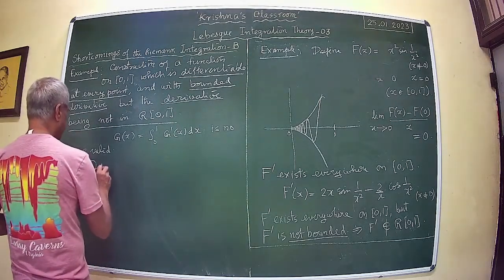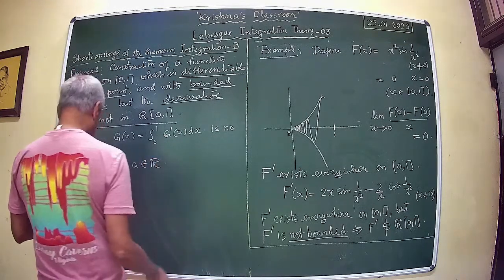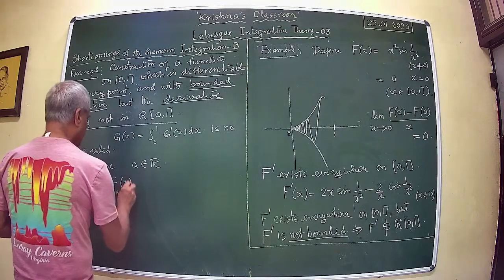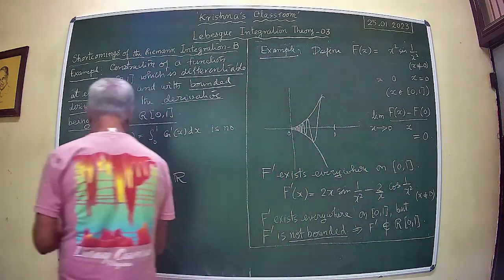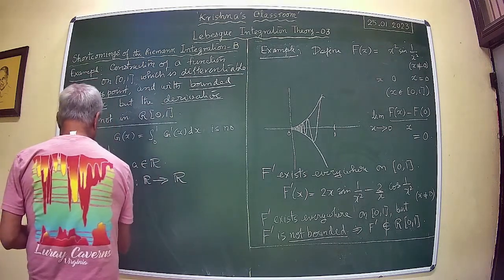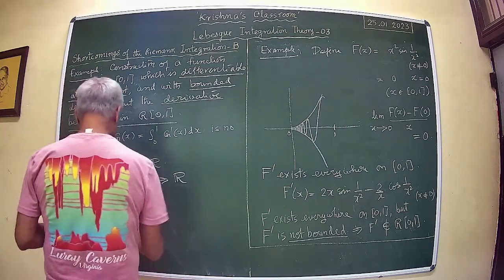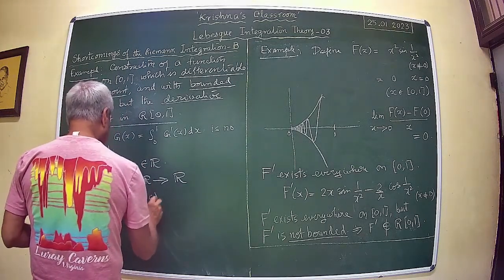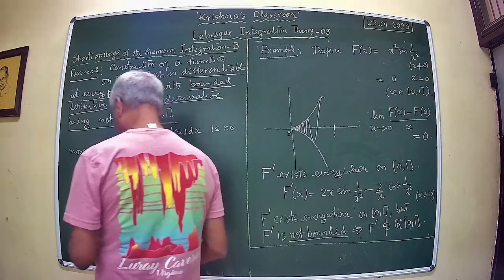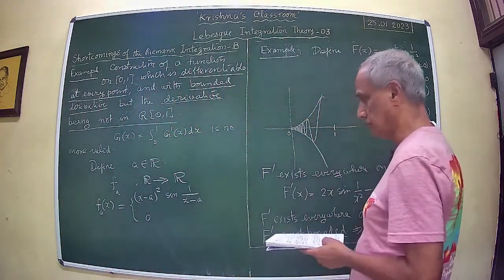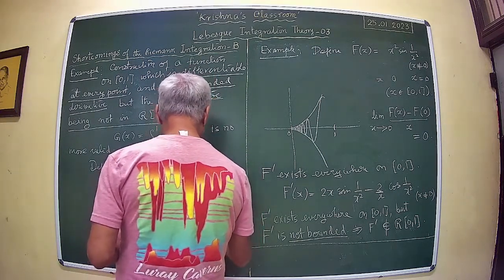First define, for a belonging to R, a function f_a from R to R as follows: f_a of x equal to (x minus a) whole square sine of 1 upon (x minus a) at x not equal to a, and 0 at x equal to a.